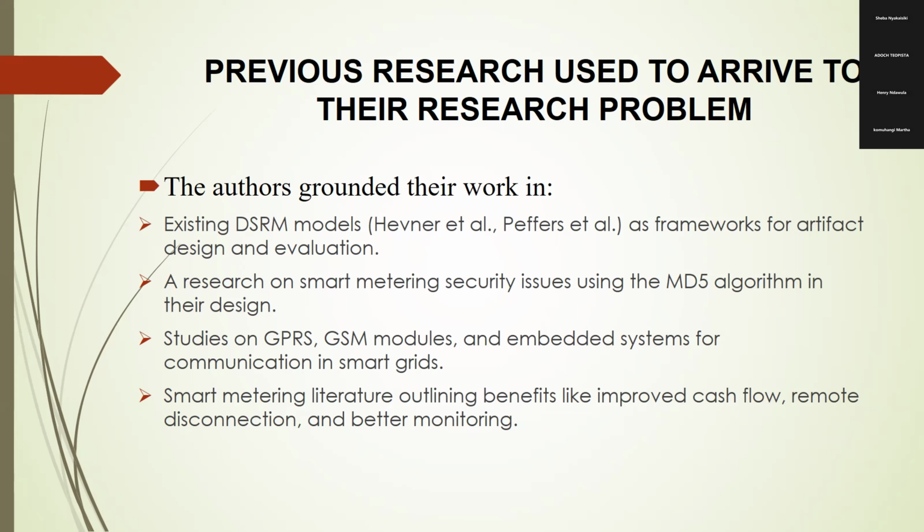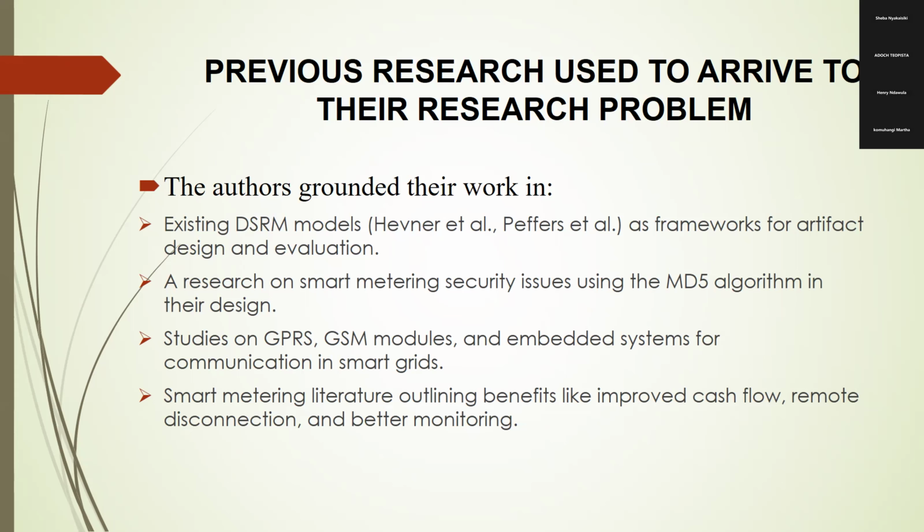They also went ahead to look at a research paper on smart metering security issues. The fact that they were working on coming up with a smart metering system, this needed a lot of security, because when it comes to information systems, you really need to secure it so that people do not mess up the information in it. So they are going to employ an MD5 algorithm that was already used by someone in his or her research.